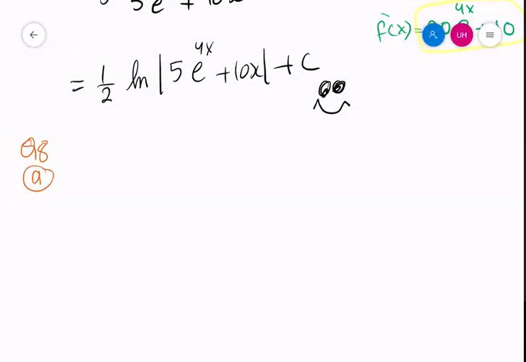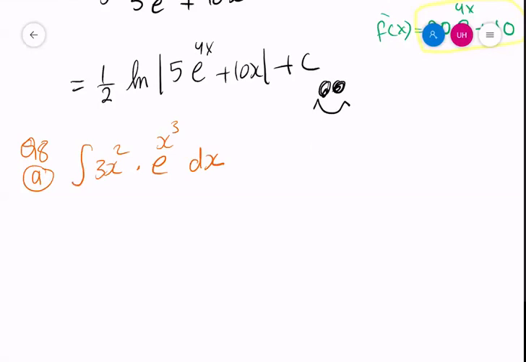Okay, question 8a is the integral of 3x squared times e to the power x cubed dx. So in this case, we can use the substitution.